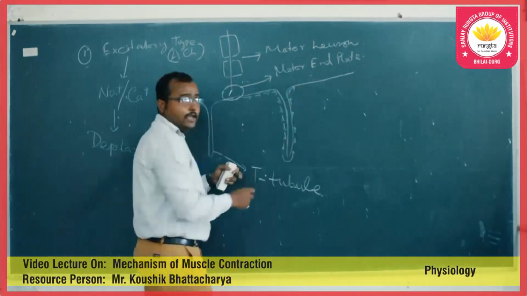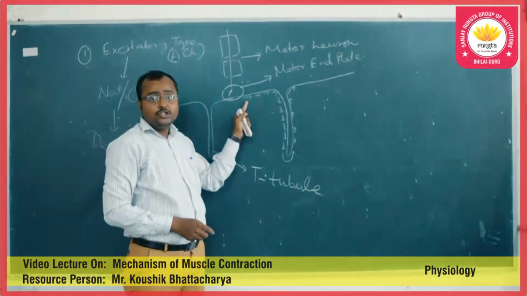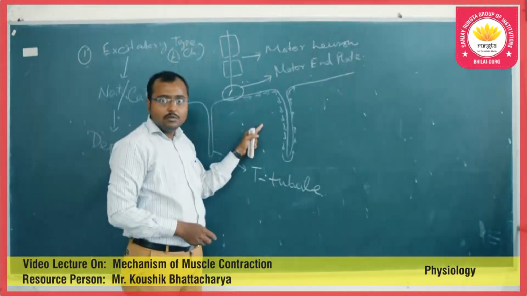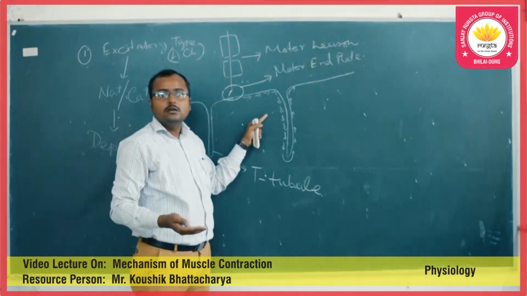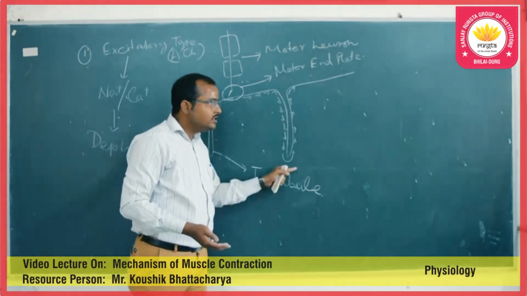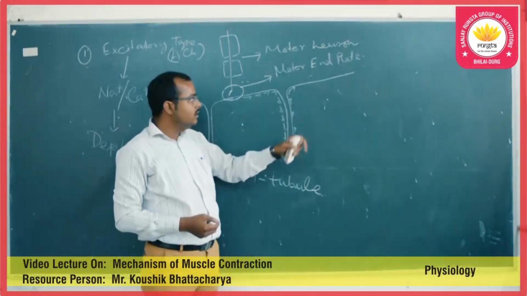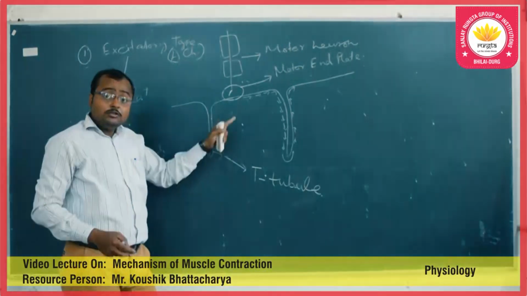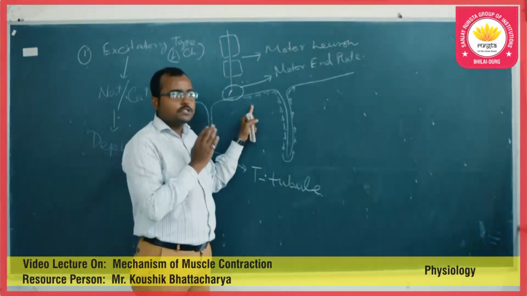That means when this action potential is traveling through the sarcolemma structure, it is always traveling through the T-tubule structure, right? So this one was the first instance.